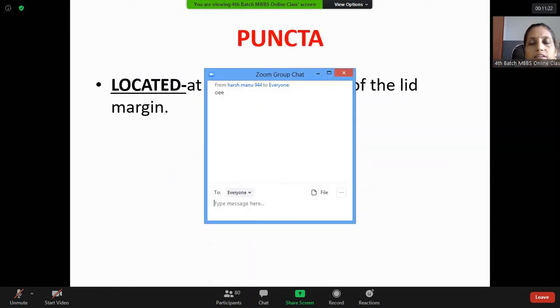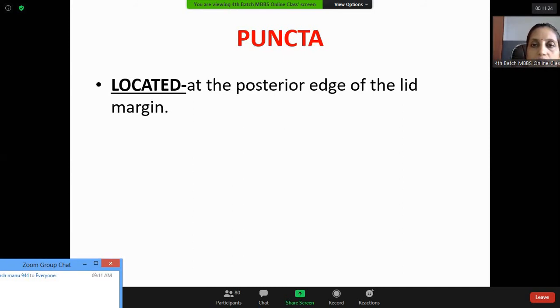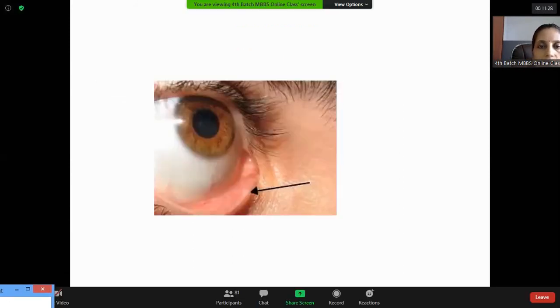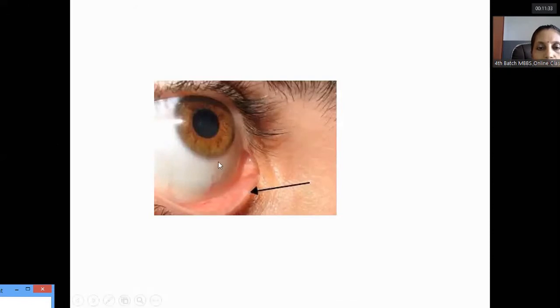So where is the punctum located? It is located on the posterior edge of the lid margin. You cannot see the punctum if the lid is apposed to the globe, and when the punctum is seen, that means the patient has ectropion. By this time you know what ectropion and entropion are. Entropion is the in-rolling of the lid margin, and ectropion is the outward rolling of the lid margin.